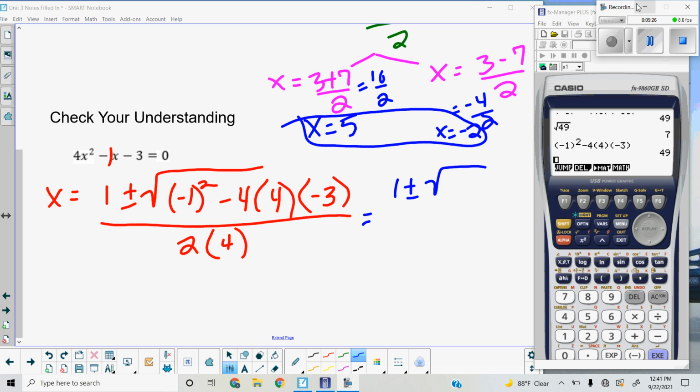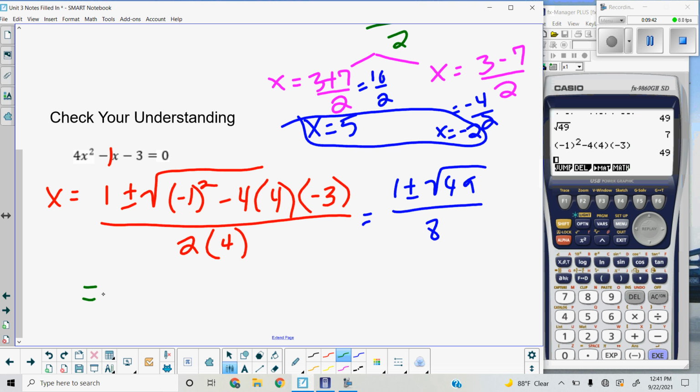So I paused it while I plugged that into my calculator. You can see what I typed in, and it matches. And I get 49 again, over 2 times 4 is 8. So I'm actually going to continue on the left over here so I have more room. 1 plus or minus the square root of 49 is 7 over 8.